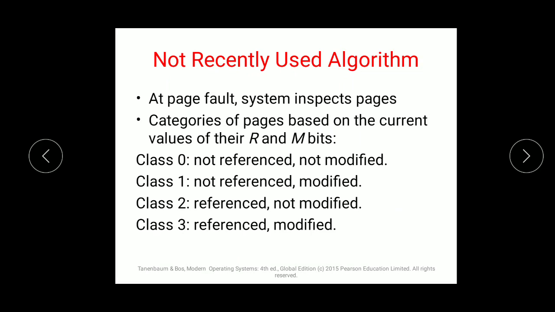At a page fault, the system inspects the pages, so checking of the pages is done at the page fault level. Pages are categorized based on the current values of their R and M bits: class 0 not referenced, not modified; class 1 not referenced but modified; class 2 referenced, not modified; and class 3 referenced and modified.